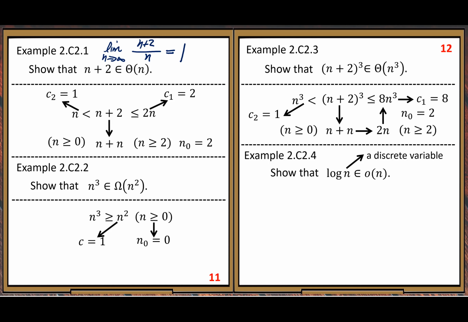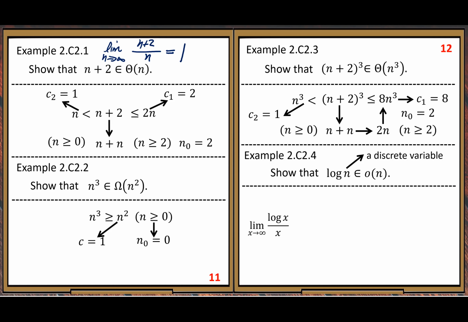The reason we need to consider discrete and continuous variables is that there is a big method called L'Hopital's rule, using derivatives to do the limit calculation. But if you want to calculate the derivatives, you have to use the continuous variable. All right. So here, at the beginning, I plan to apply L'Hopital's rule.